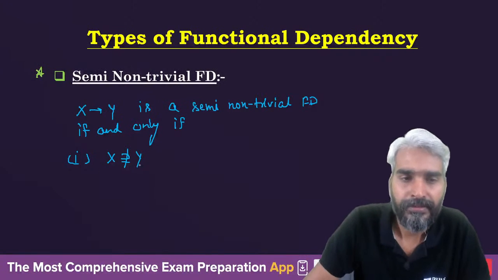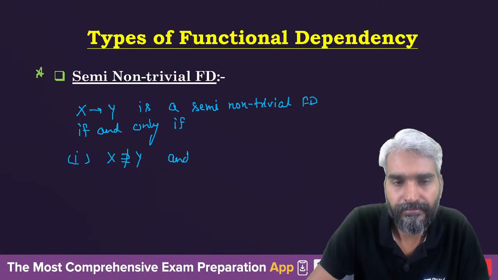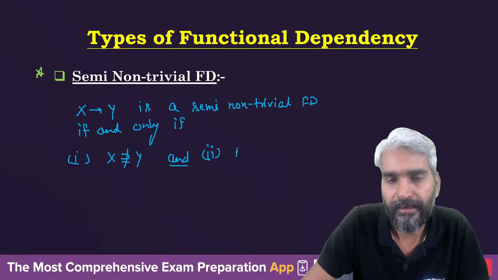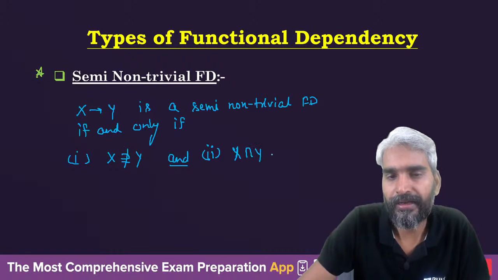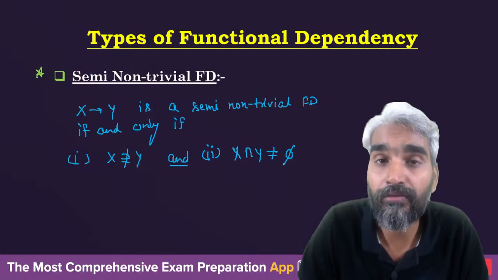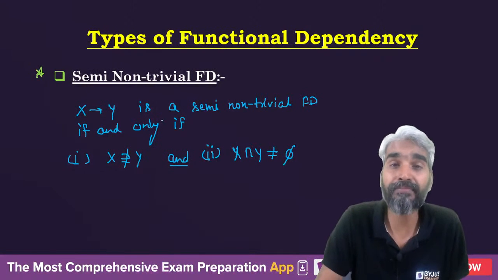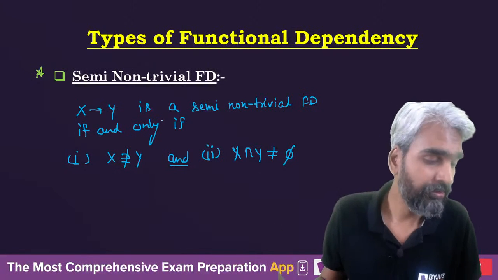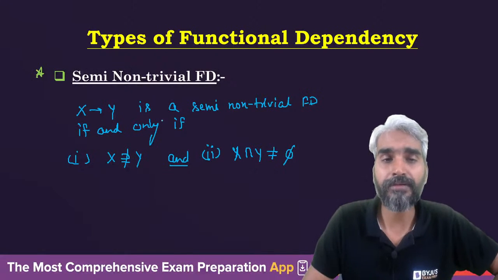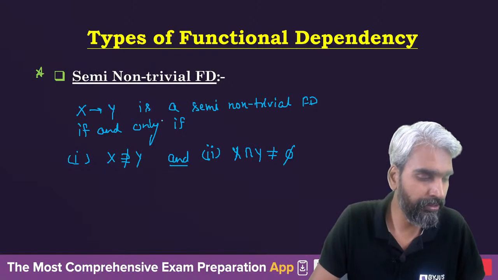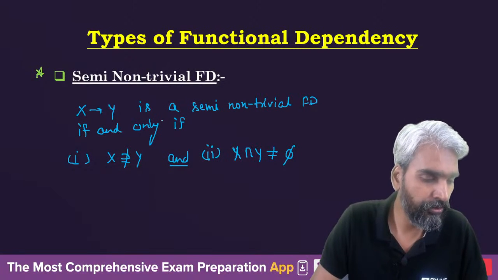And second, X intersection Y is not equal to phi. So if X intersection Y is not equal to phi, then this FD X implies Y consists of some trivial portion as well. Clear? Is this okay to everybody? Guys, please tell me if you are getting the idea.